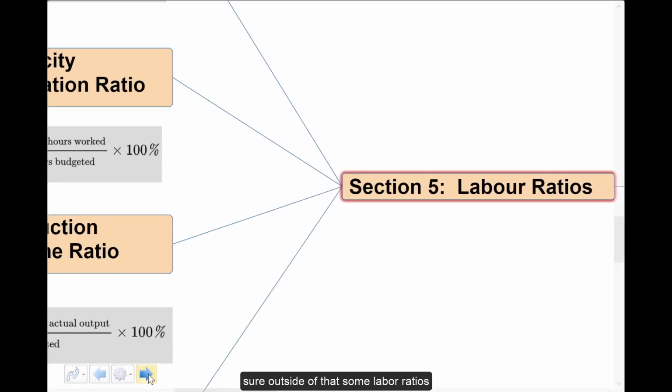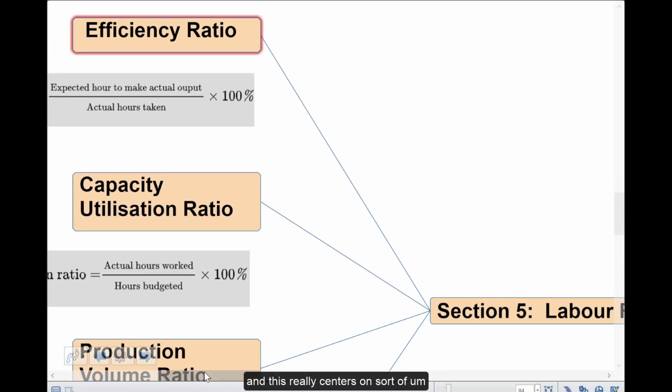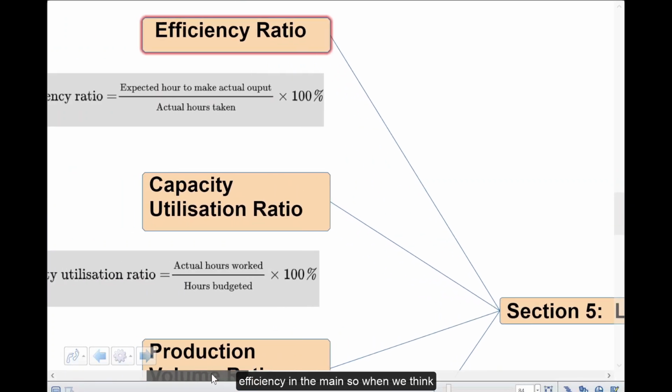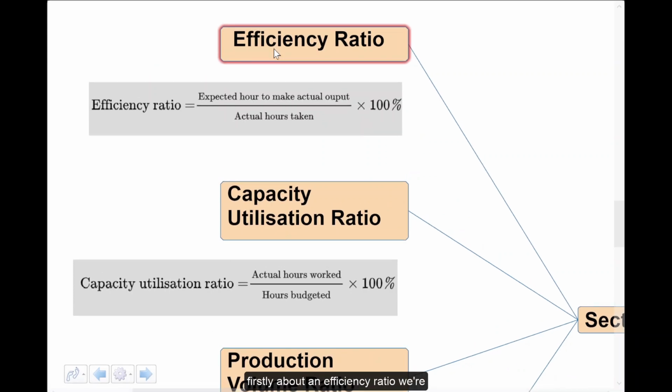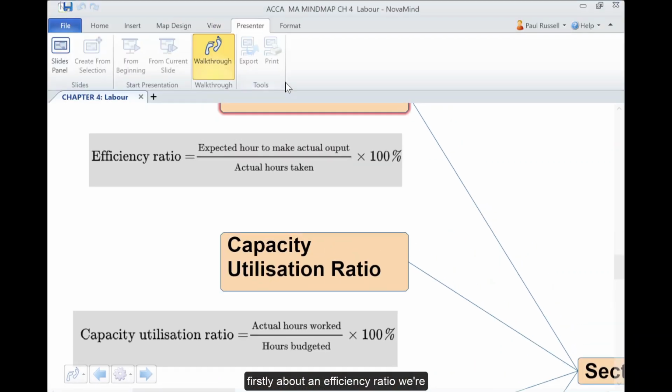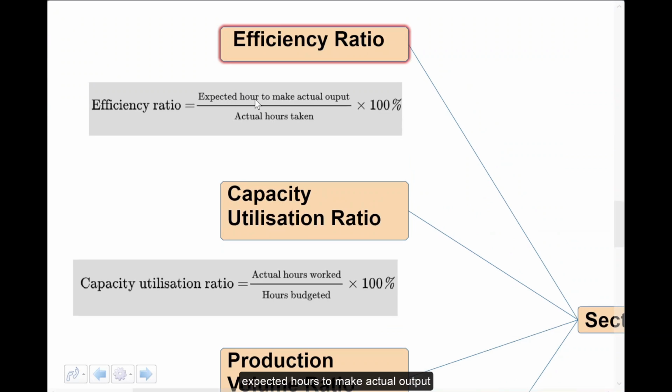Outside of that, some labor ratios, and this really centers on efficiency in the main. So when we think firstly about an efficiency ratio, we're talking about the expected hours to make actual output divided by the actual hours taken. Pretty simple.